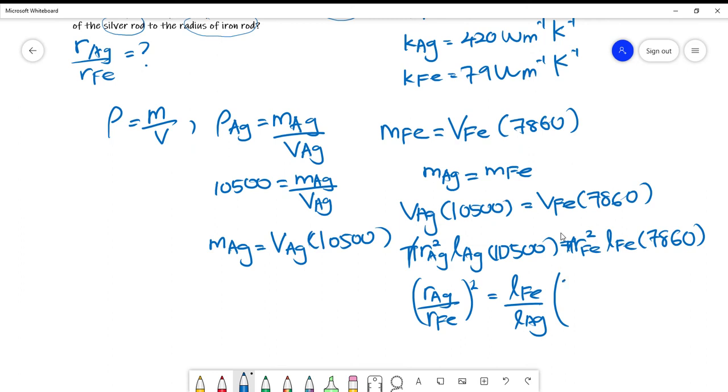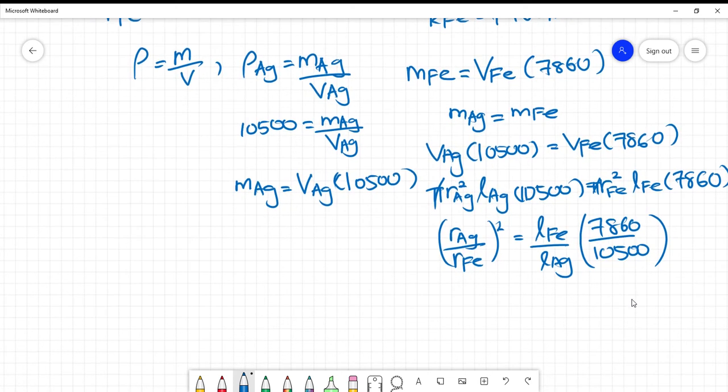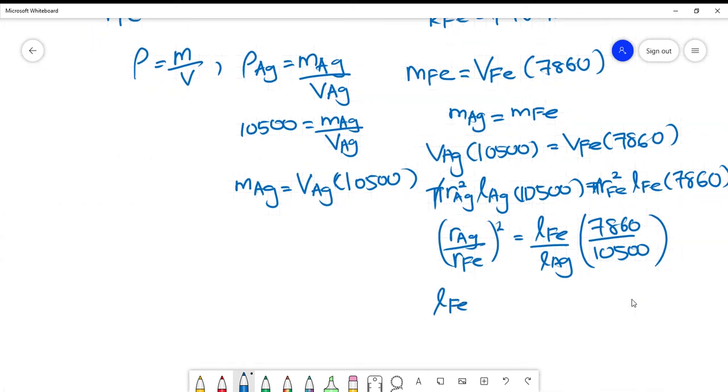This can be moved to this side, or I shall move this one to the other side. I will substitute into another formula. Okay, I just remain in this form. So this is the first piece of information.